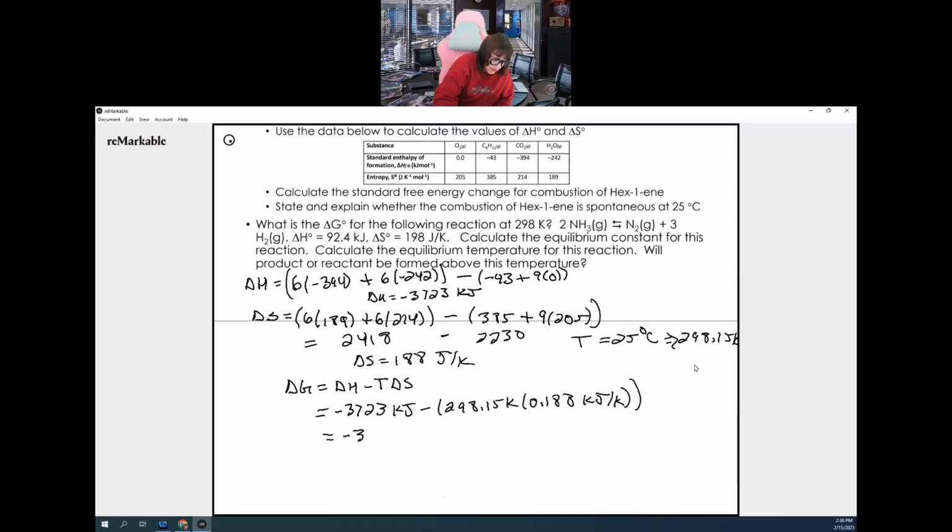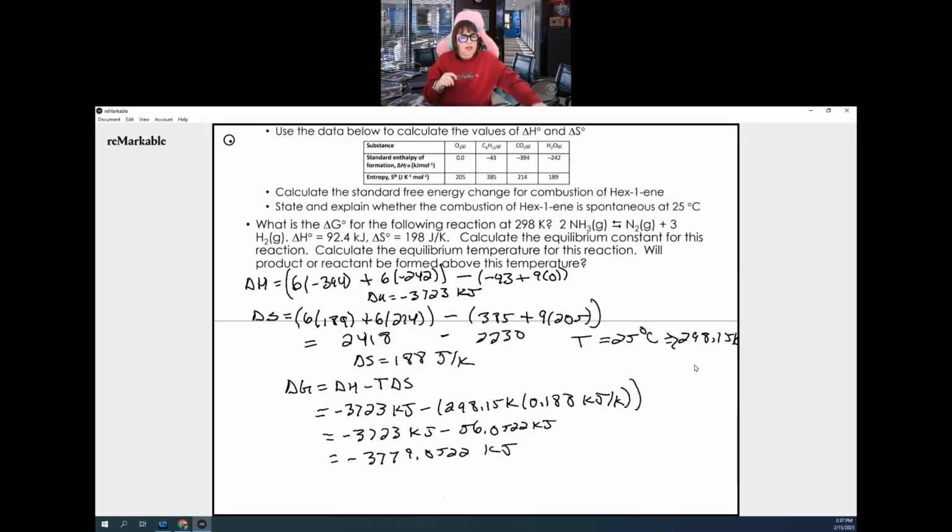And that gives me negative 3723 kilojoules minus 56.0522 kilojoules. So I'm going to take negative 3723 and subtract 56.0522. That gives me negative 3779.0522 kilojoules.